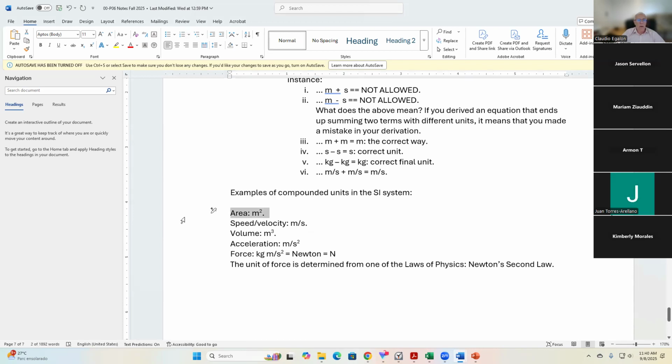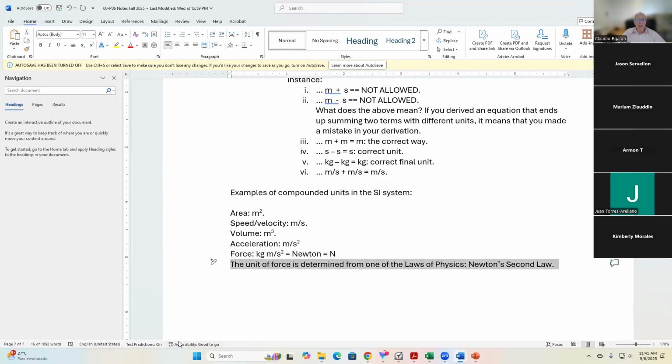Area is meters squared, speed is meters per second, volume is cubic meter, meter times meter times meter. Acceleration, we are going to see, is meters per second square. Force, the unit of force is kilogram meters per second square. And this compounded unit shows up so frequently in physics that we give it a name, we call it the Newton. Okay?